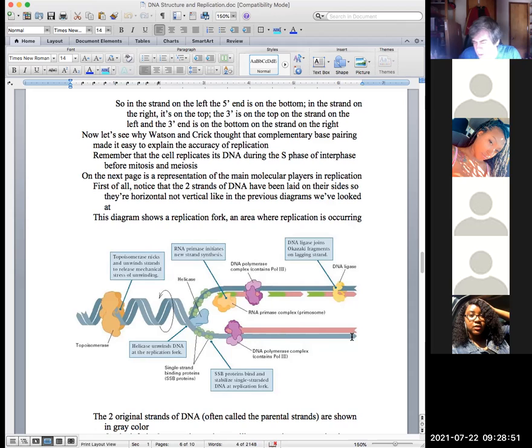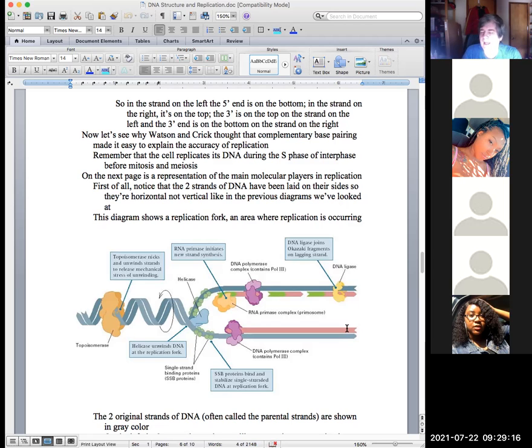And let's say the first nucleotide is a C. It will add a nucleotide with a G. And then the second nucleotide might be a T, so it adds a nucleotide with an A. Now, where does it get these nucleotides that it's adding? Remember when we talked about the nucleus earlier in the semester, we said that there are all sorts of chemicals in the nucleoplasm.